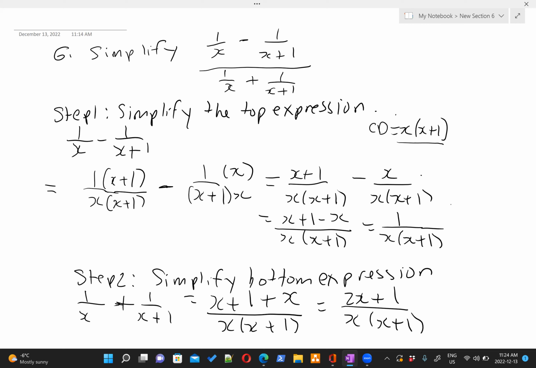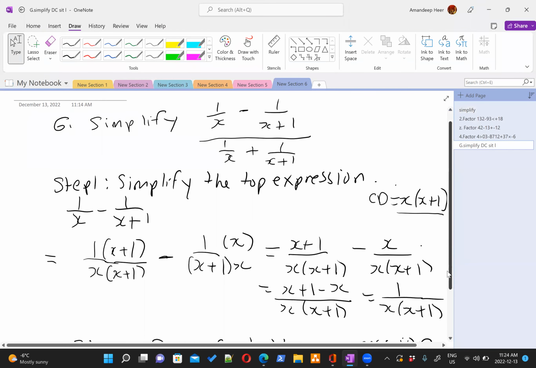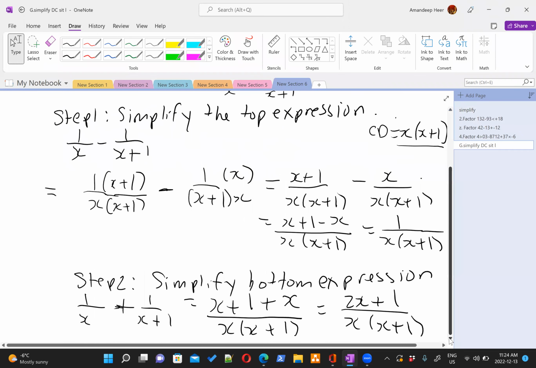Now we've simplified the top expression and we've simplified the bottom expression. So let's look at how we're going to do it on the next page. I'm going to scroll down.